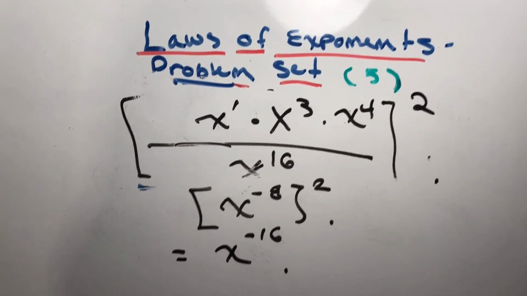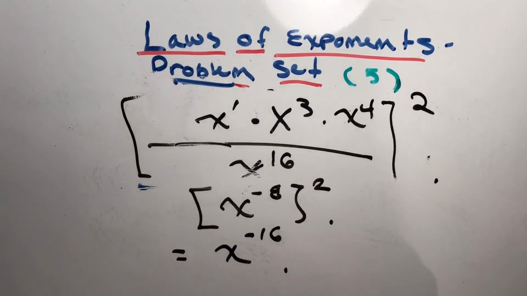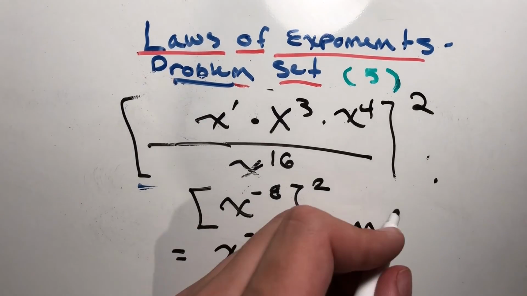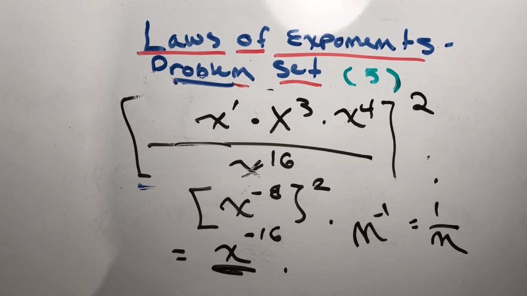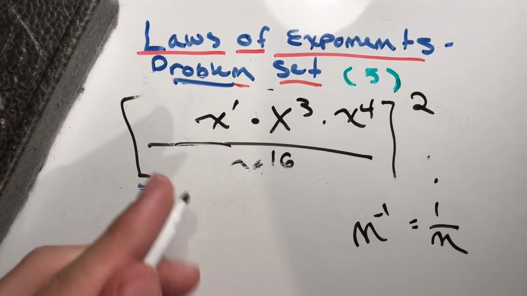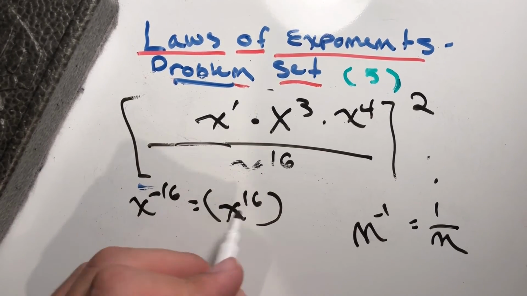I'm going to use a different approach to get to an answer with no negative exponents. One way to think about it is that n, where n is any number or expression, to the negative 1 is 1 over n. So I can rewrite x to the negative 16th as x to the 16th to the negative first power.